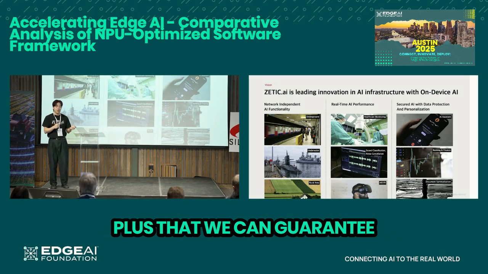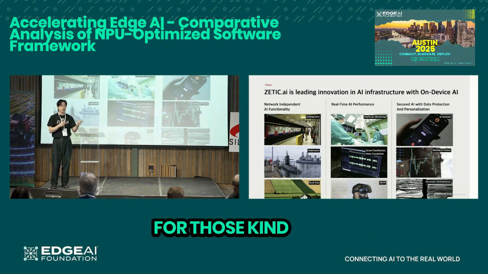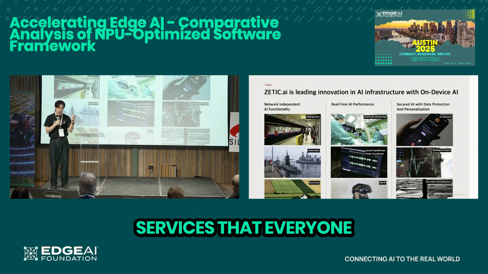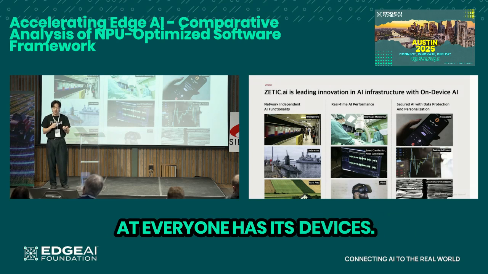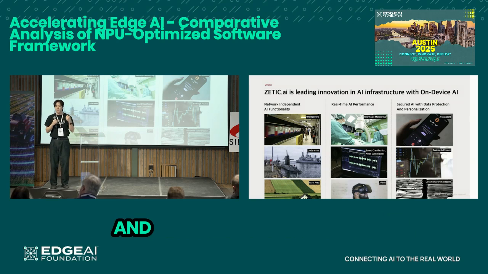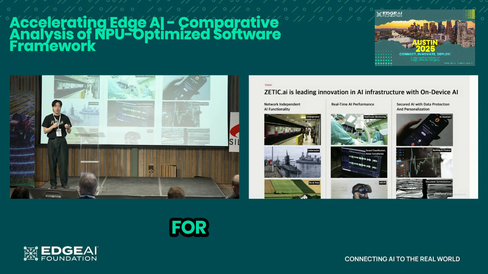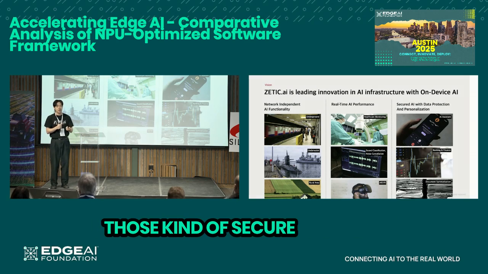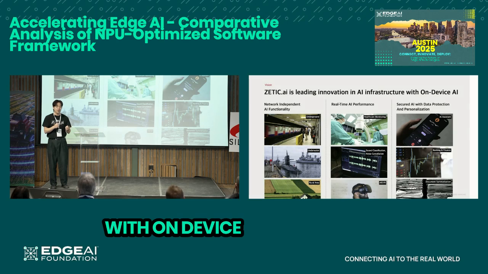Plus, we can guarantee real-time AI performance for AI services on the devices everyone has. And recently people don't really care about their data for AI services, but we are trying to build secure AI systems with on-device AI technology.